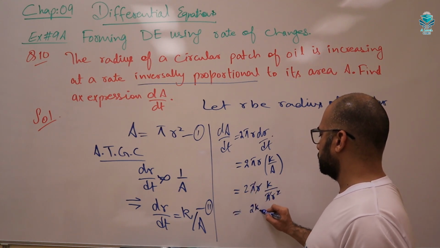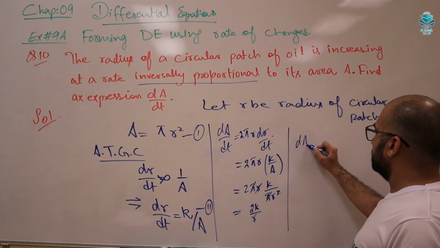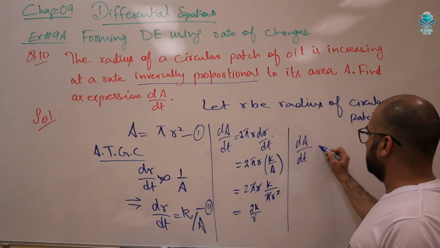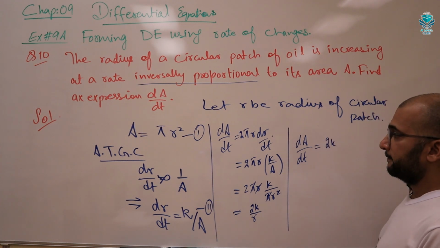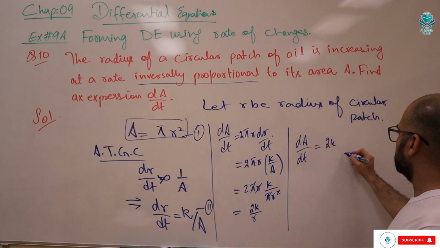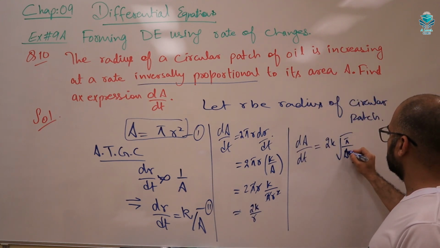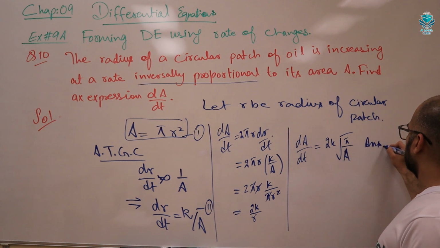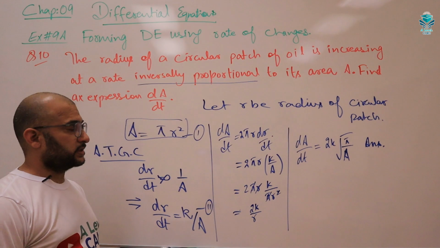You have 2k by r. So students, dA by dt is 2k by r. What is r? From here you can write r is the square root of A by pi, and this is your answer. Very simple. Everybody can do it in a logical way.